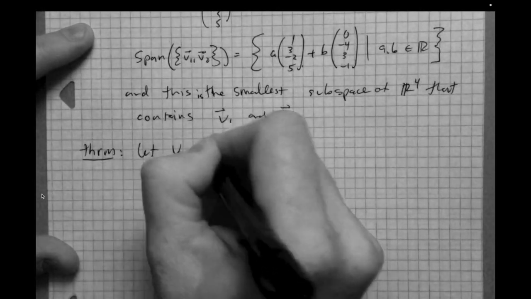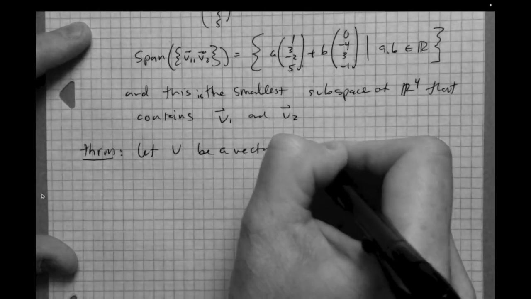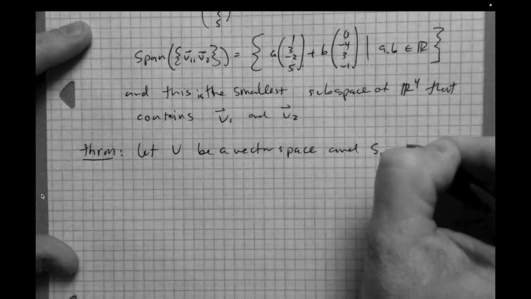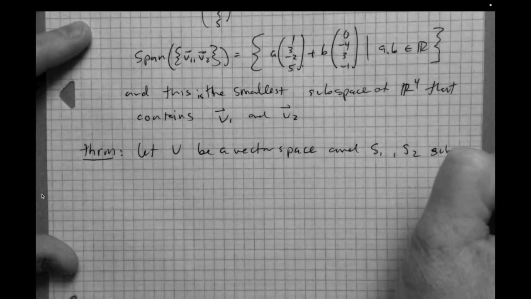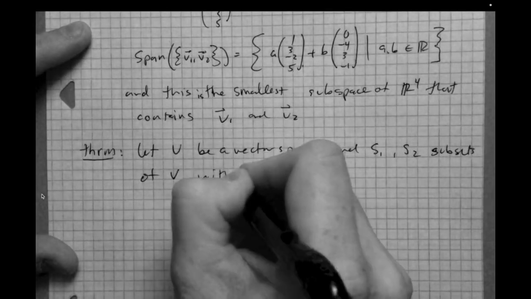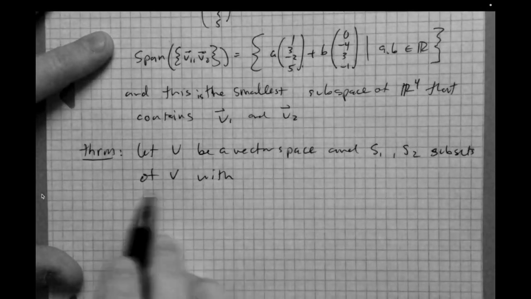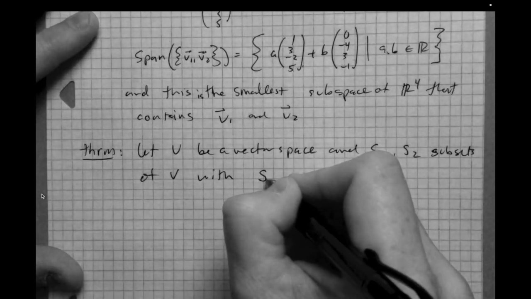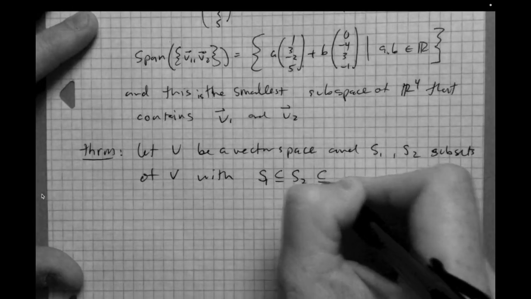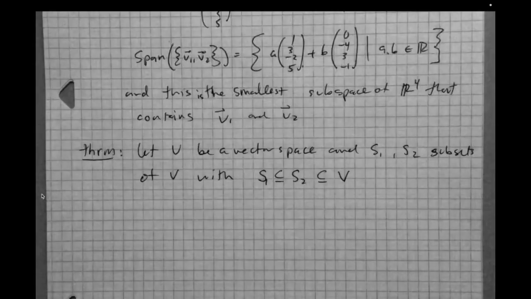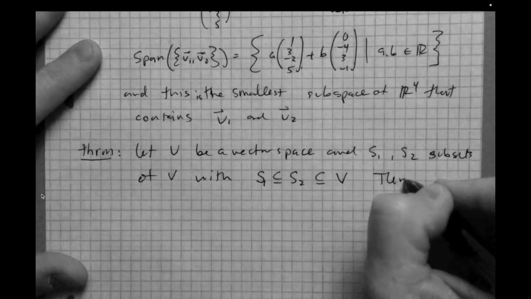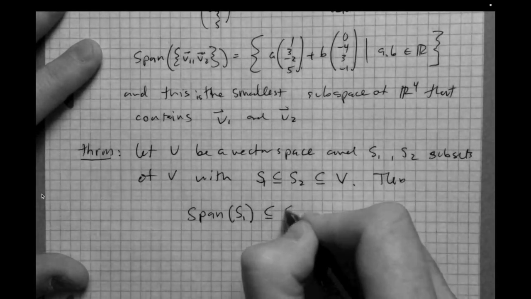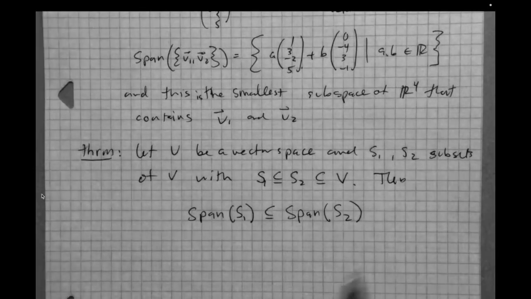Let V be a vector space and S1 and S2 subsets of V, where S1 is a subset of S2, which is a subset of V. Well, if this is the case, then the span of S1 is a subset of the span of S2.